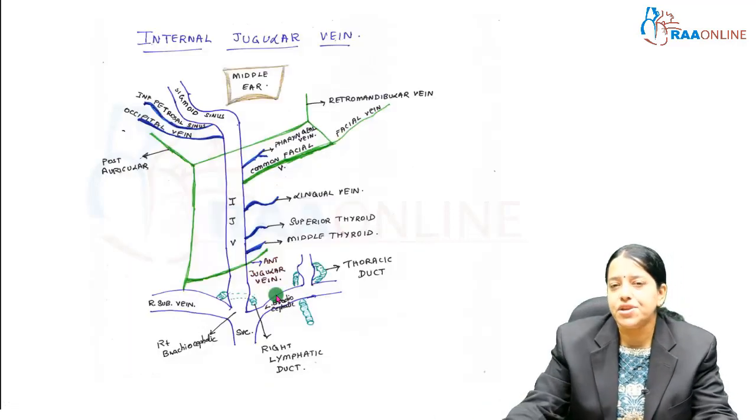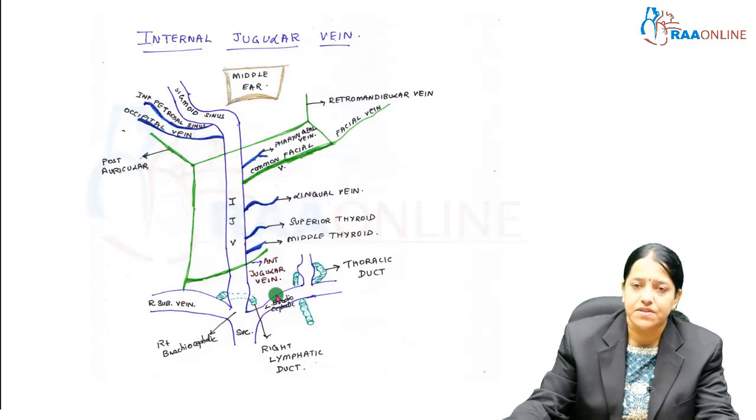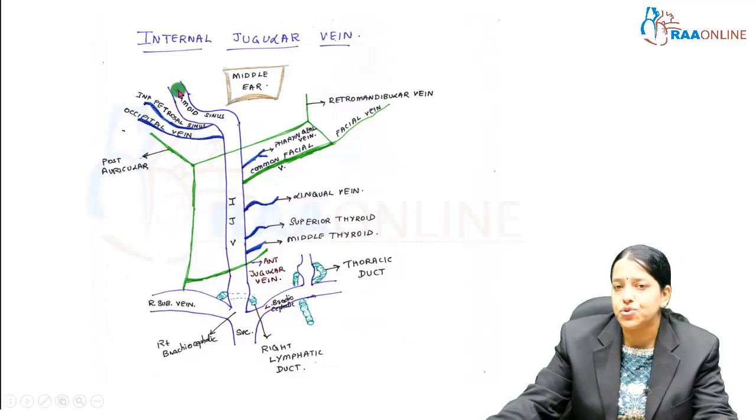Coming to the internal jugular vein as such, this diagram is showing the internal jugular vein formation. As I told you, this superior bulb of the internal jugular vein, where it is exactly being formed or passing through the jugular foramen, is related to the floor of the middle ear cavity. So that's why the middle ear cavity is just above this.